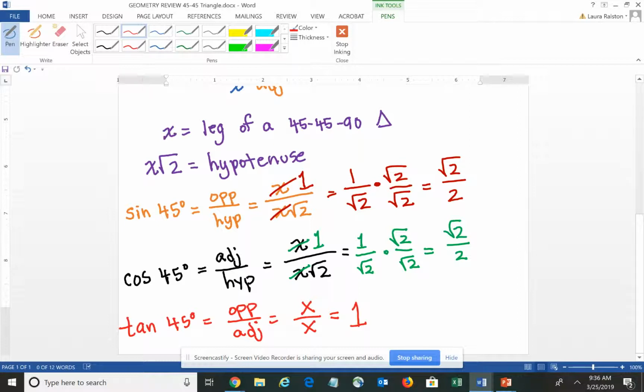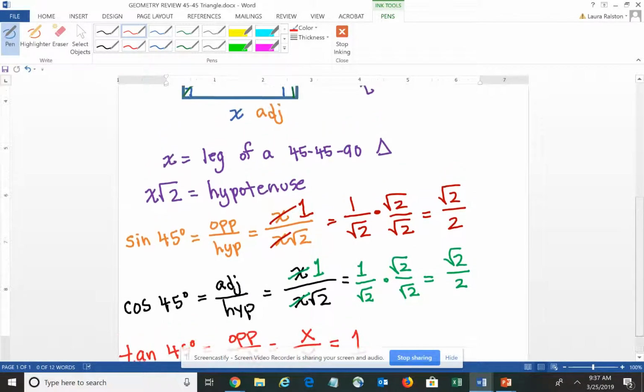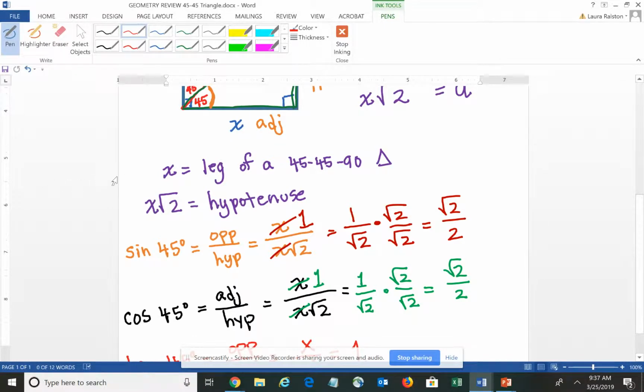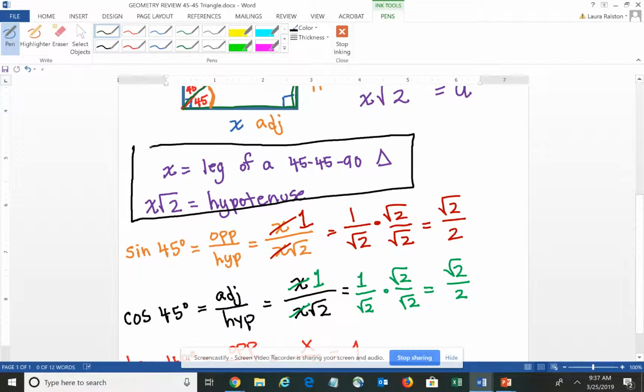So that's a special relationship. I would encourage you to commit those to memory, but also remember this special relationship here. Because if you ever forget, you can develop it if you remember this relationship, which you could develop through the use of the Pythagorean theorem.